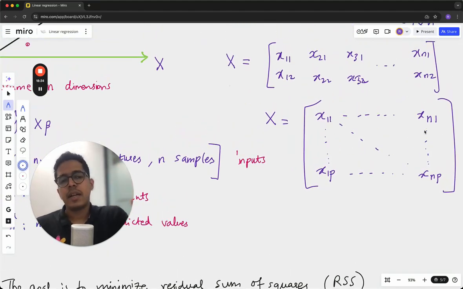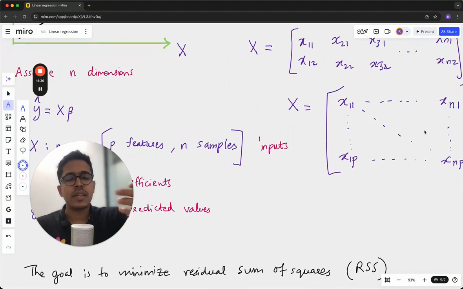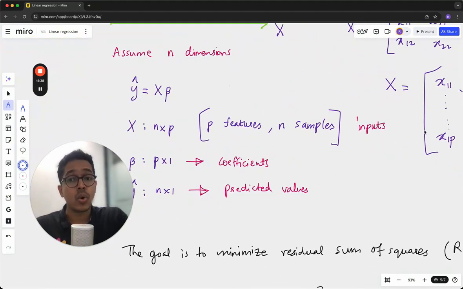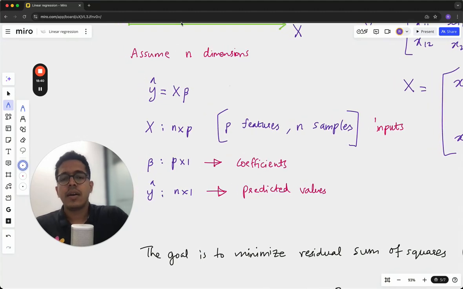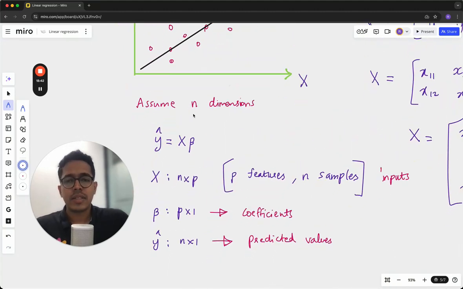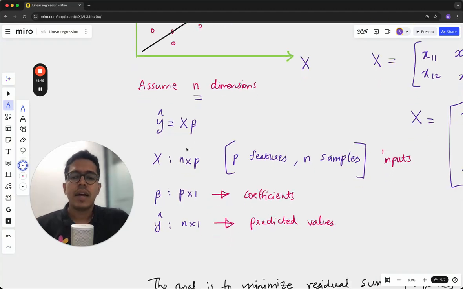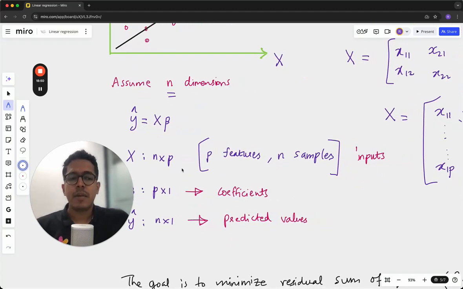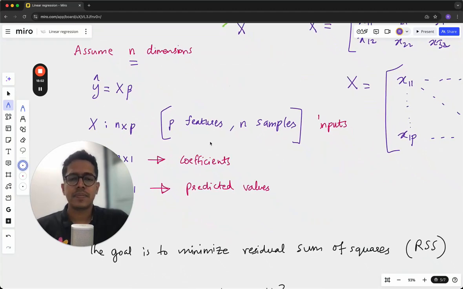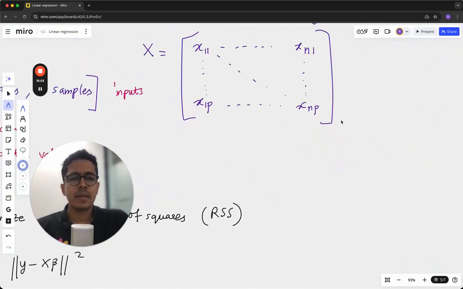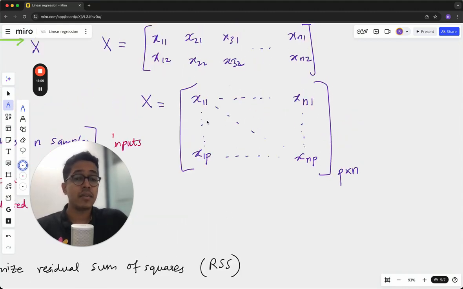And the reason why we represent it as a matrix like this is because then it's easy to implement in code. So now we assume that there are p dimensions for the input features, meaning there are p number of input features itself. In this particular case, we represent it as a p by n matrix, but we can do it the reverse also.